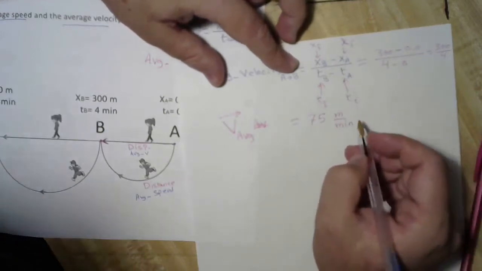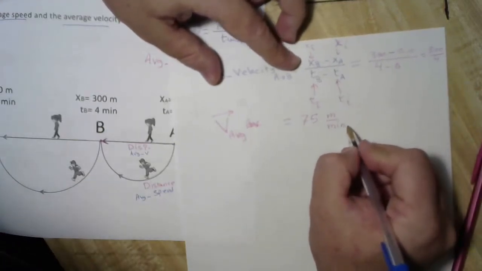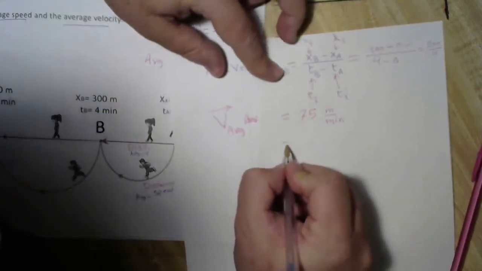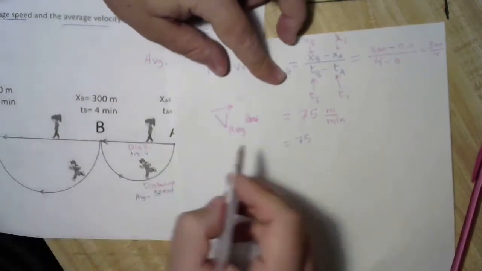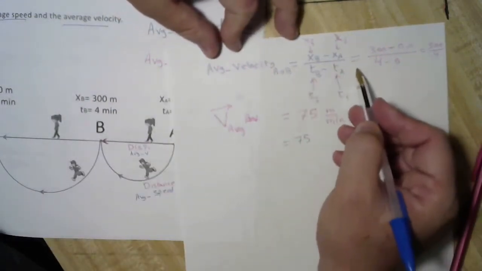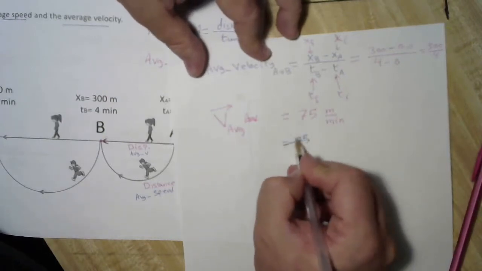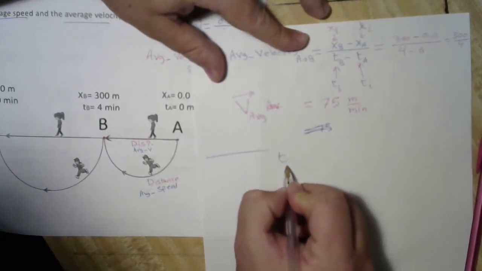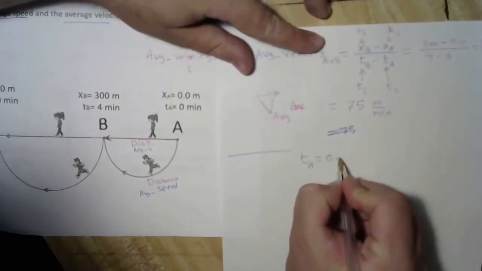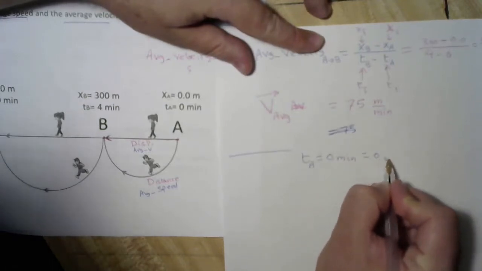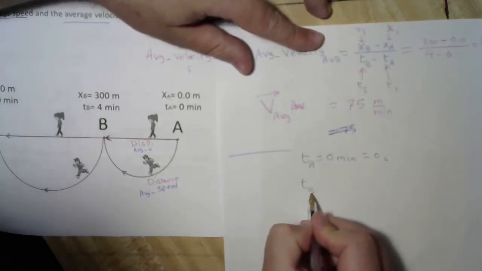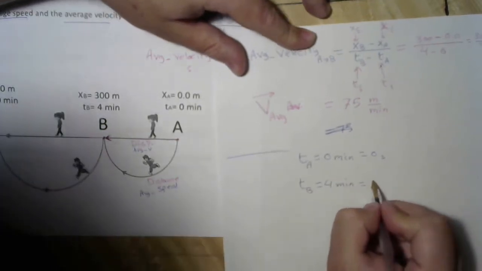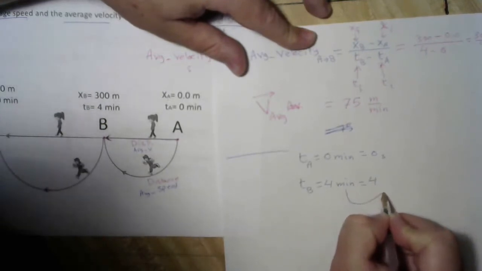Okay, now I need to use the seconds, not the minutes, in my units. So from the beginning I can change the time in seconds. I will do that. TA is equal to 0 minutes, which is equal to 0 seconds. TB is equal to 4 minutes, which is equal to 4 times 60 seconds, since each minute is 60 seconds.